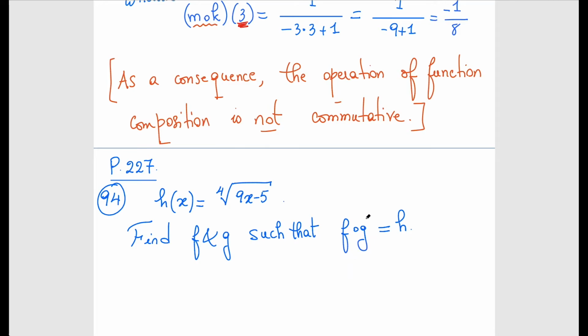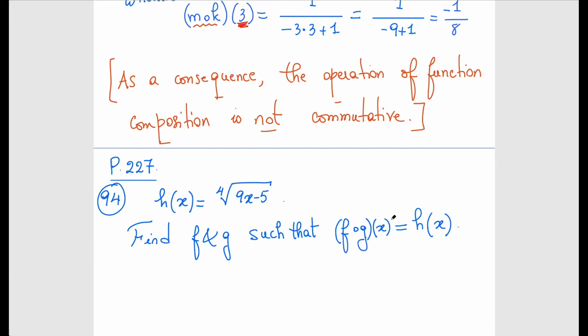So if you compose those two in this order, f composed with g, g is going to act first, followed by f. That function is going to be the same thing as the function h, meaning if you plug in an x over here in this function and you plug in an x over here, they're going to match.